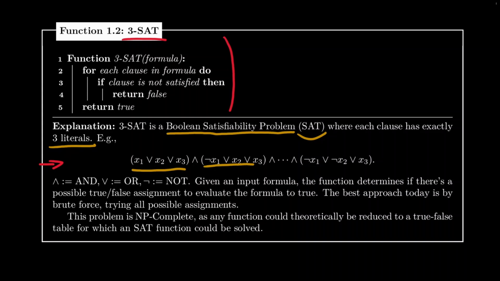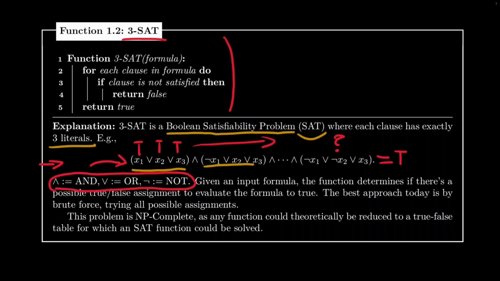The name of the game is to assign booleans to these literals so that they evaluate to true all the way down the line so that we fully evaluate to true. The problem is that our computer is looking at each literal at a time, so it'll have no idea what the effect of its earlier decisions will be later down the line. Recall the symbols here: these are and, or, and not.